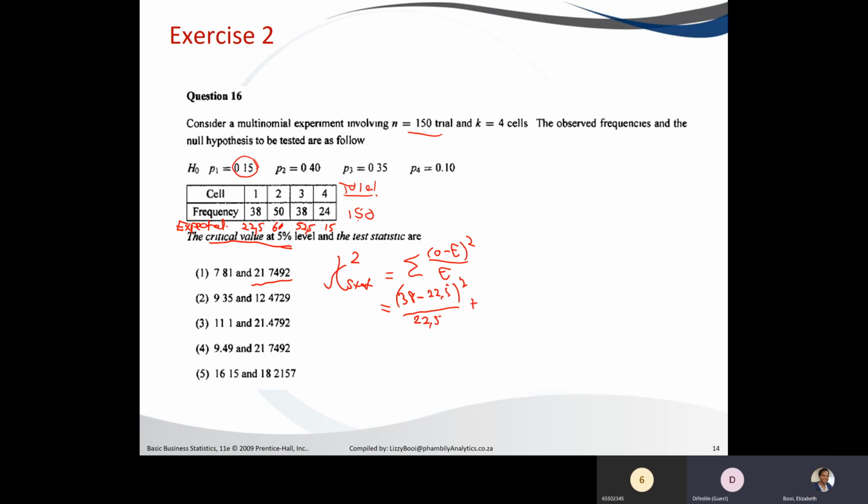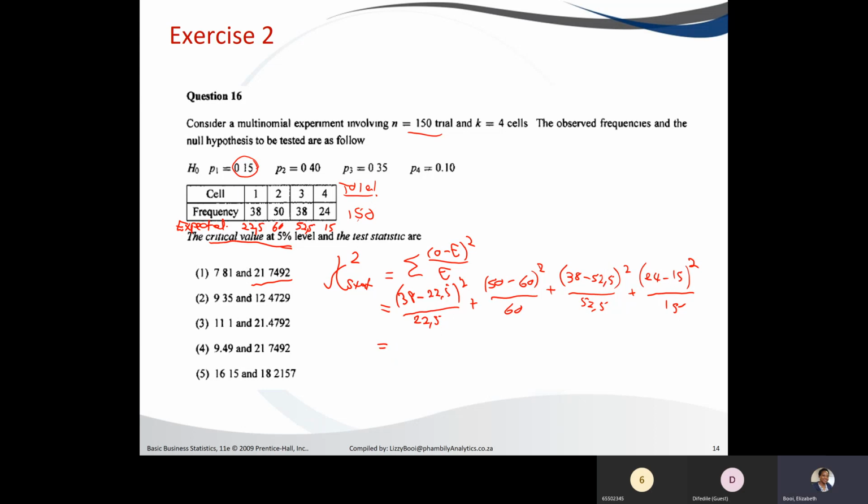And we do the same for the rest of them, which will be 50 minus 60 squared divided by 60, plus 38 minus 52.5 squared divided by 52.5, plus 24 minus 15 squared divided by 15. Then we can solve that.